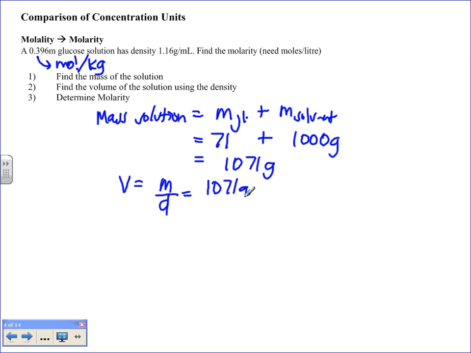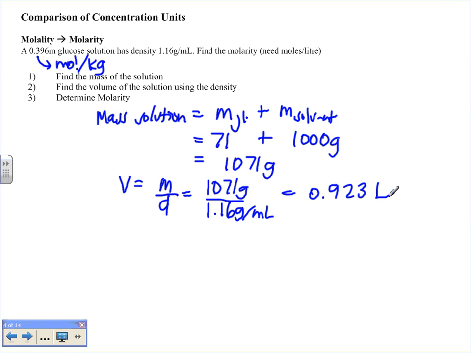Okay, so when I say that the density is the linking variable between molarity and molality, this is what I mean here. Okay, so we've got 923 milliliters of solution using the density and the mass, which is 0.923 liters of solution.